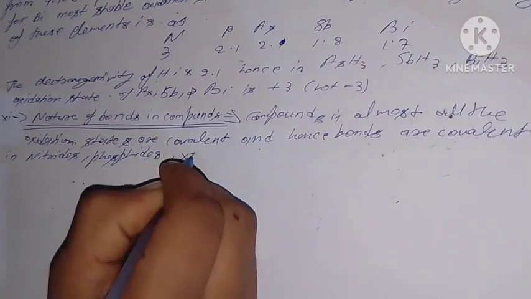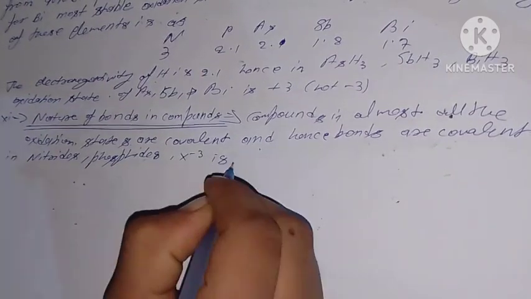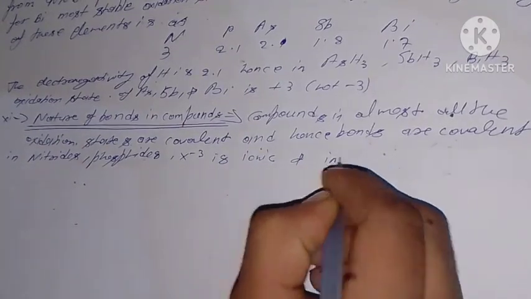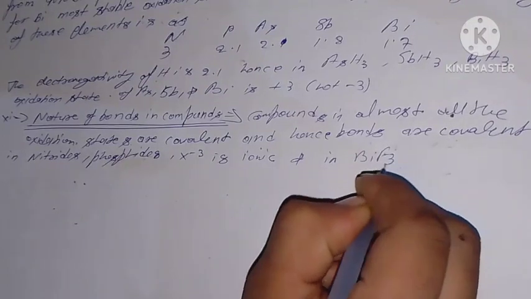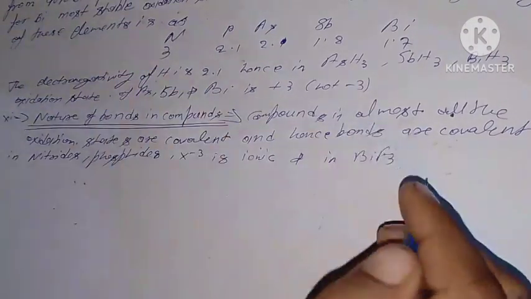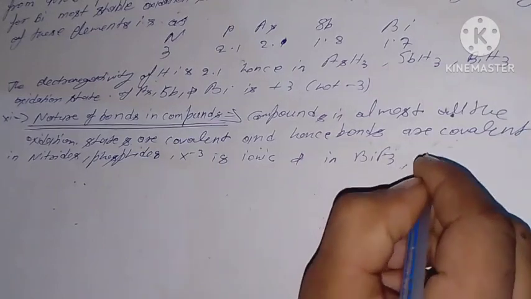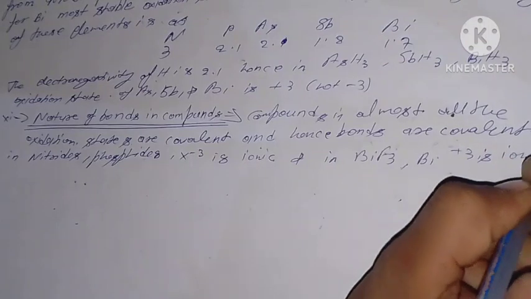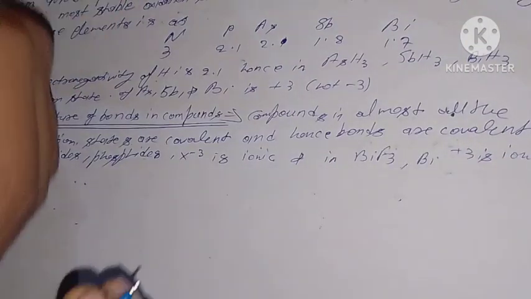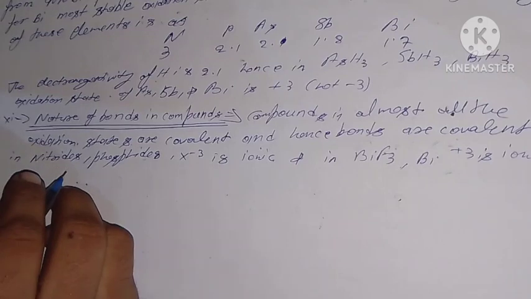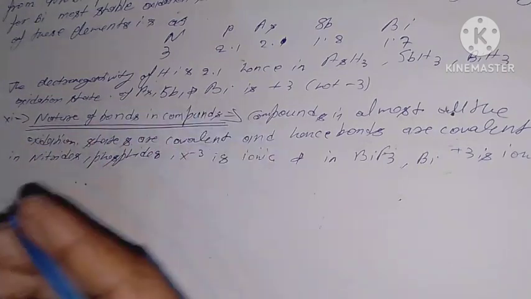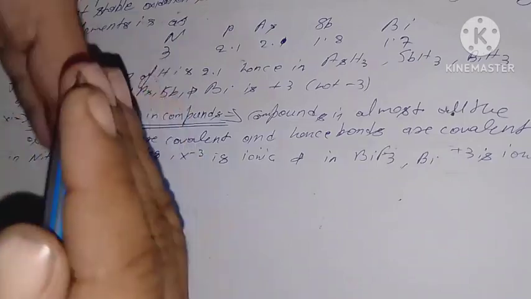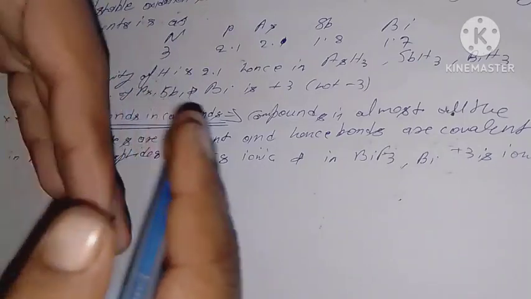In nitrides and phosphides, the X -3 is ionic, and in BiF3, bismuth trifluoride, Bi +3 is ionic. Among all the elements, only nitrogen forms a negative ion, since it is the smallest and the most electronegative element.